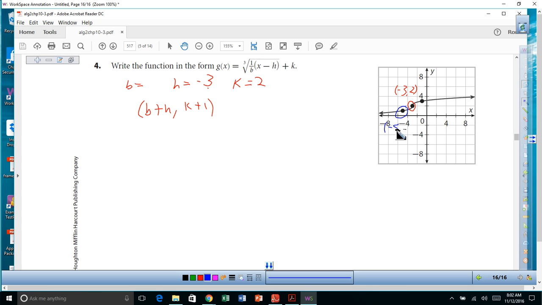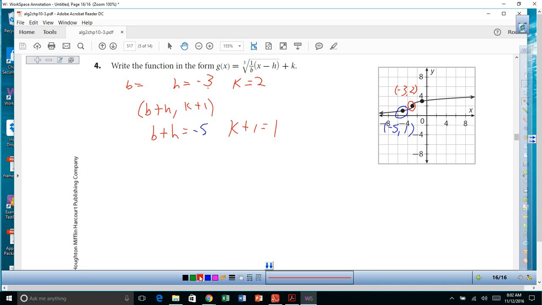That's going to be -5, and it looks like 1. So we're going to have b plus h equals -5, and k plus 1 equals 1.